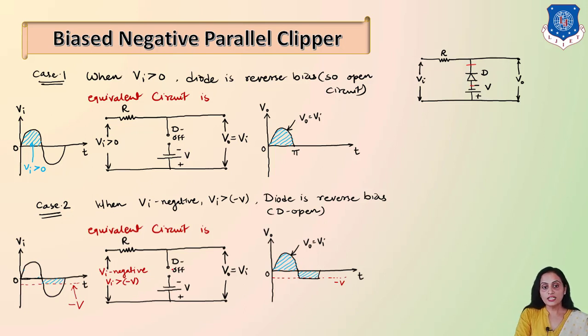During this particular time period, the reference voltage is minus V, and during this phase the diode is off and it is shown with the open switch. So the input is negative, which is greater than minus V, and the switch is off, so the output is equal to the input, and that is shown with this particular waveform.